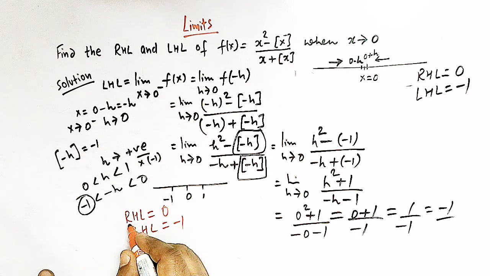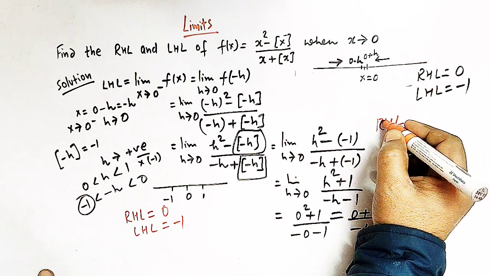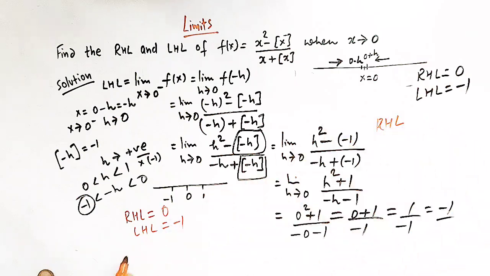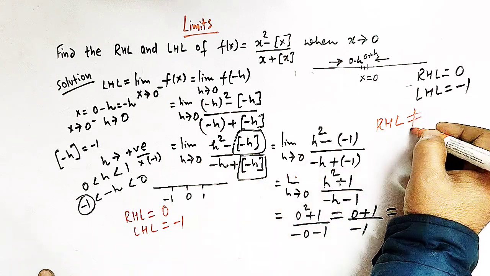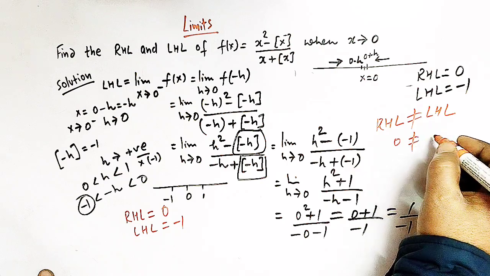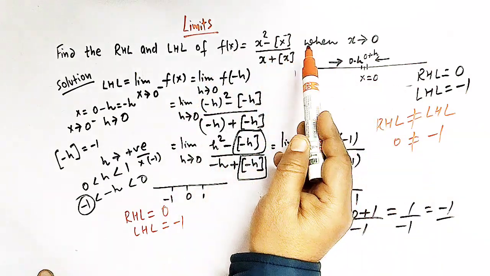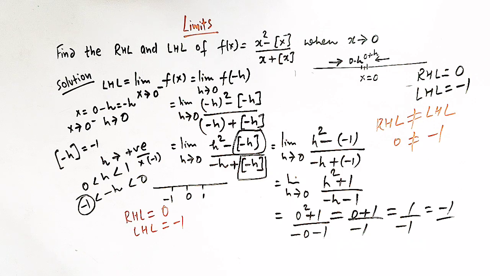And moreover, right hand limit and the left hand limit both should exist, and they should be finite, right? So here the right hand limit and left hand limit both exist, and they are finite, but they are not equal to each other. So we can now claim that the limit of this function when x approaches to 0, the limit doesn't exist.